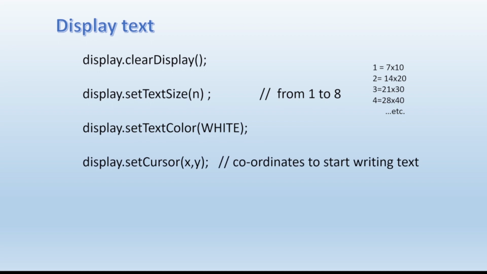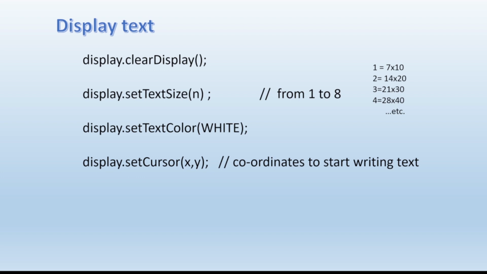And then we have to decide where are we going to start. We don't have to have the text up the top left hand corner. It could be anywhere in the 128 by 64 pixel area. So how far along the x-axis do we go?